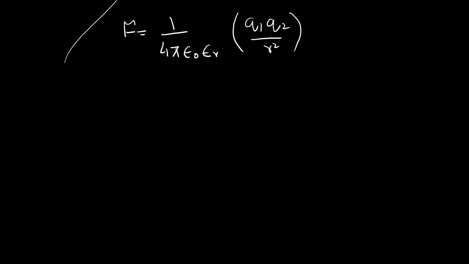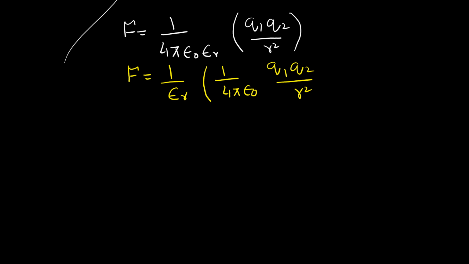Now if we take out the relative permittivity from this equation, we just write the remaining equation as 1 over 4 pi epsilon naught into Q1 Q2 divided by R square. This is the force when there is a medium placed between the two charges. So this is the force for a medium.